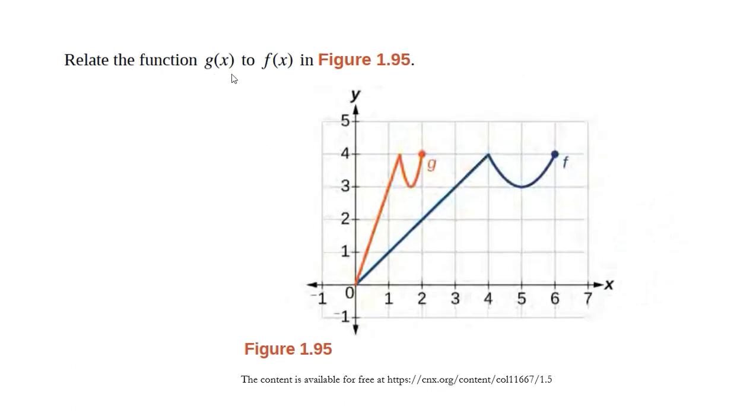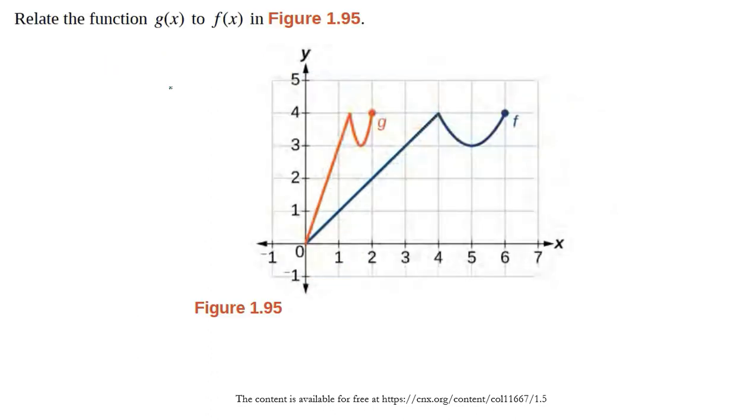Relate the function g of x to f of x in this figure. Every time two graphs are given and asked for their relation, we need to extract some points and see what happened to the points.